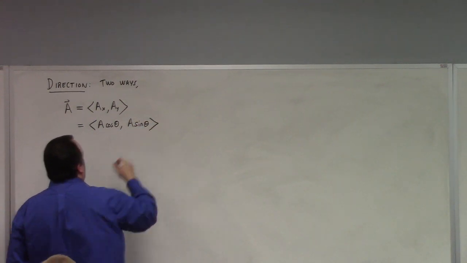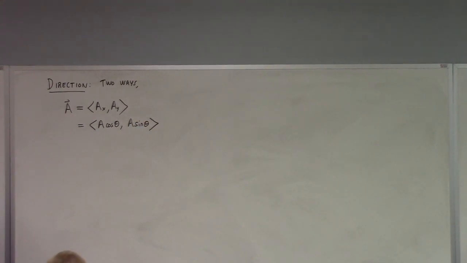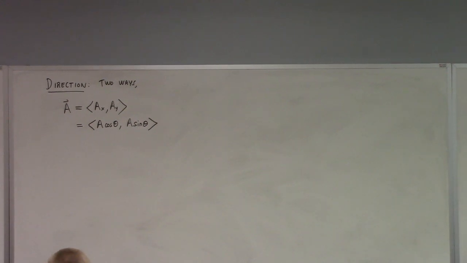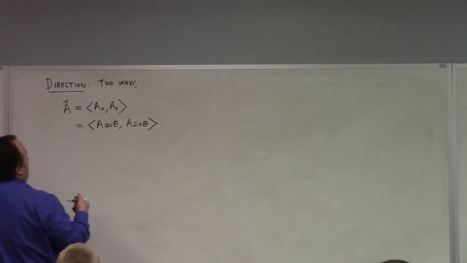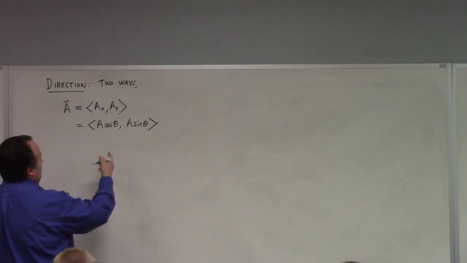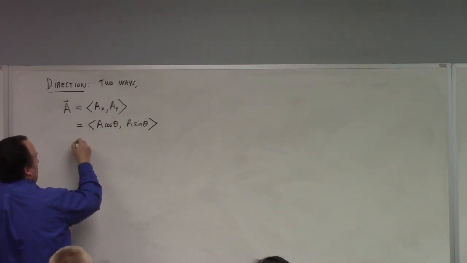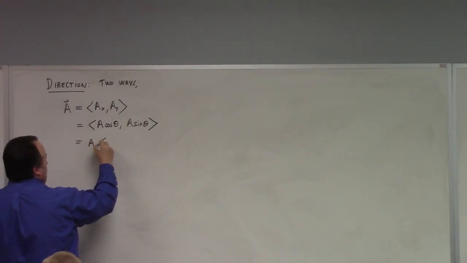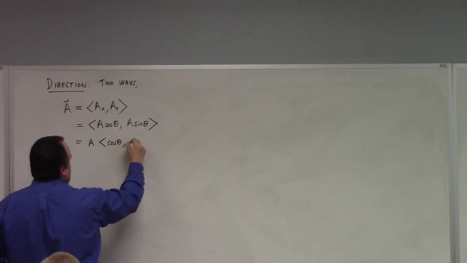Now you remember, A without the vector is the length of A, right? A without the vector is the square root of ax squared plus ay squared, okay? Now then what? Well, I've got a common thing of A here, right? So I can pull out A, and I've got cosine theta, sine theta.